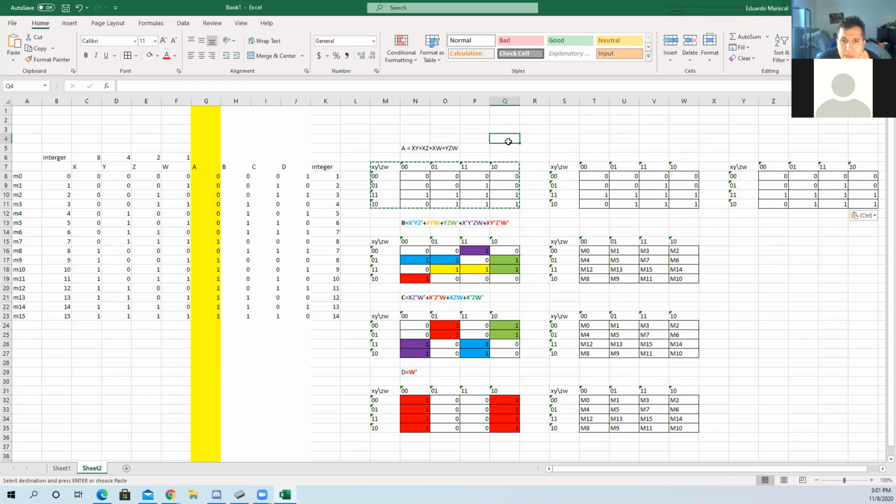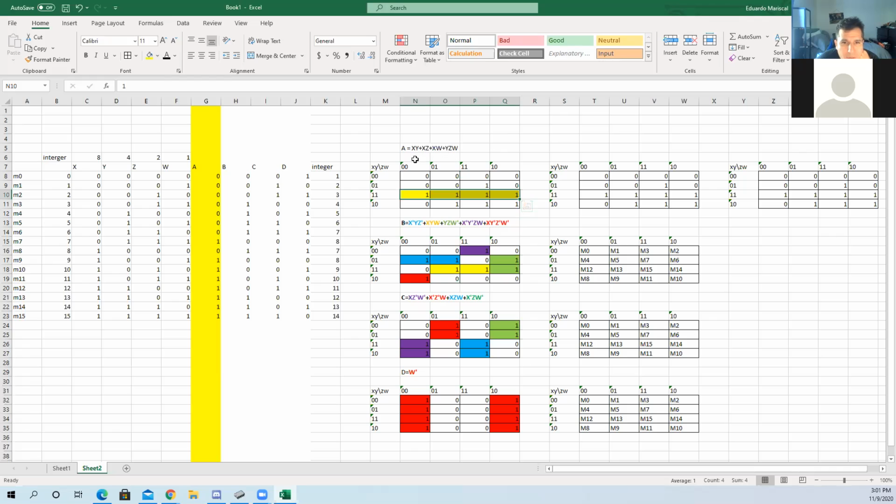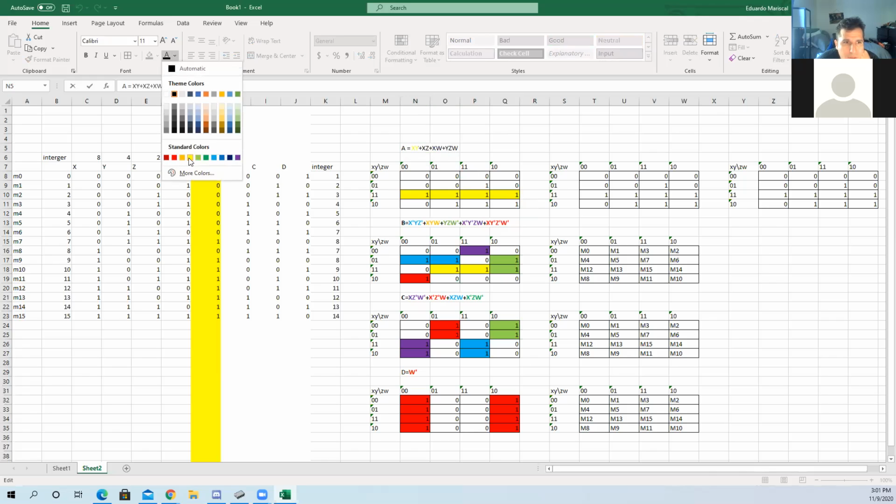So I did this 4. I'm going to keep them on yellow. Black, yellow, and that's going to be the XY. Maybe I should use a different yellow. Okay, there you go. Bold.